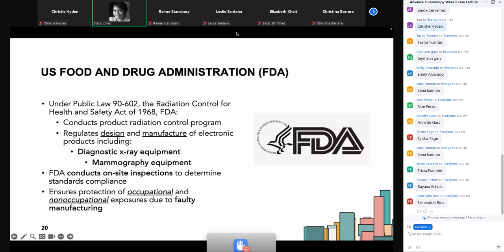Every person that works in mammography has to keep their licenses on file. They have to have so many CEs for mammography and so many tests per year when they renew their license. So like I said, it's a big deal with the FDA and mammography.